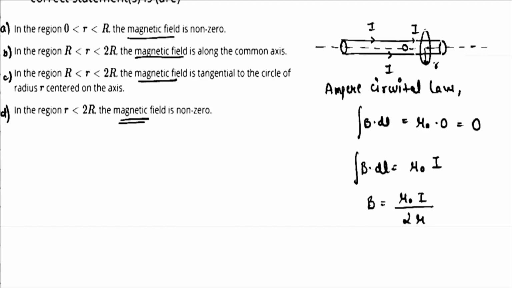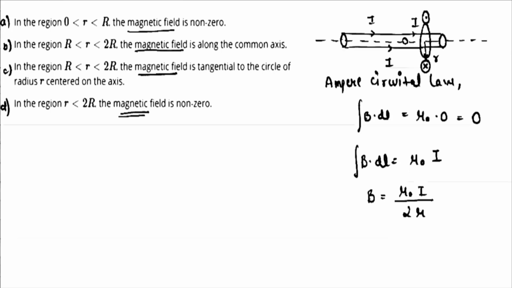For the direction we have to use the right hand thumb rule: place the thumb in the direction of current and the curl of the fingers will give the direction of the magnetic field. If we place the thumb from left to right, the polarity of the magnetic field is dot from above and cross from below. So this is about the hollow cylinder.